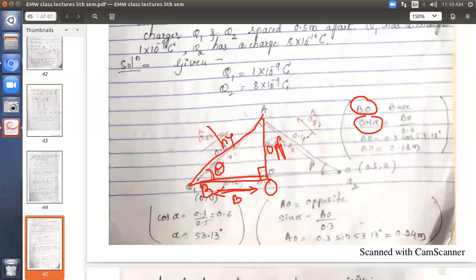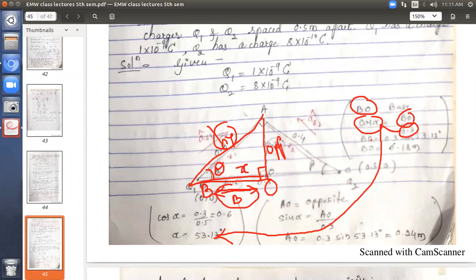So cos of alpha is equal to base divided by hypotenuse. Base is BO, which we don't know. It is X. So X divided by the hypotenuse, 0.3. So BO is equal to 0.3 into cos alpha. The alpha or theta value we just calculated is 53.13. You can see 0.3 into cos of 53.